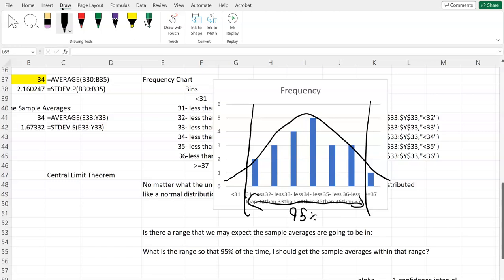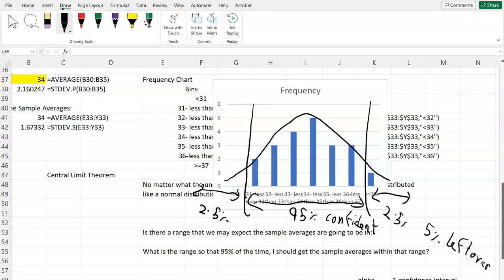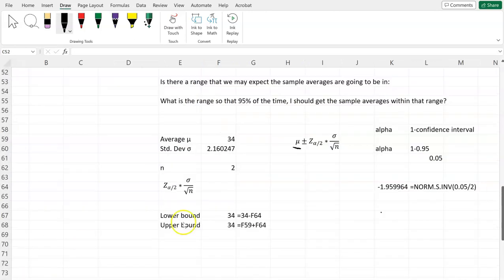I'm going to be 95% confident that I'm within these two values. Then the leftover is 5%. I can't put all 5% on one side, so I distribute it: 2.5% on the left and 2.5% on the right.